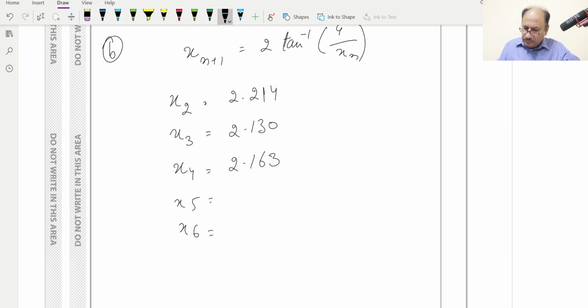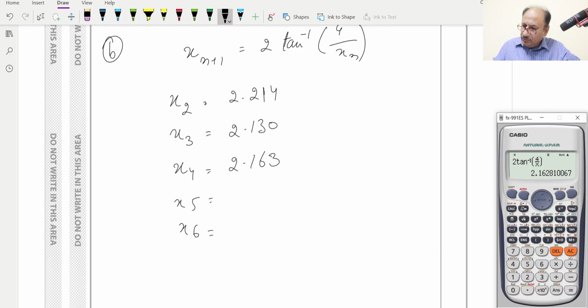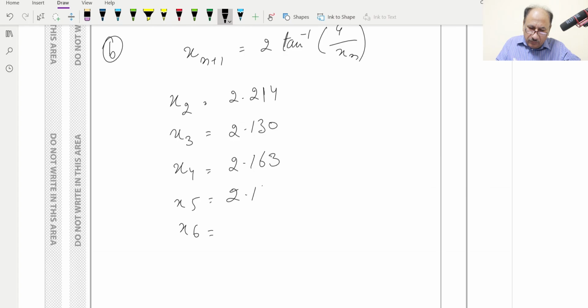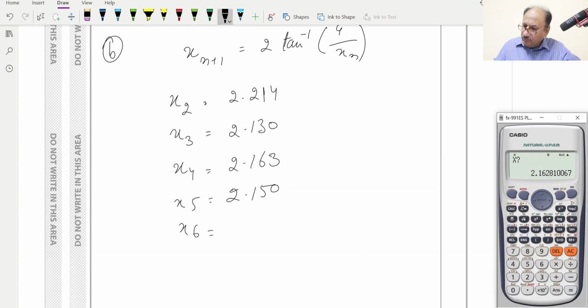Next x5 will be calculate for answer, which is equal to 2.150, and x6 will be calculate for answer, and this will give us 2.155.